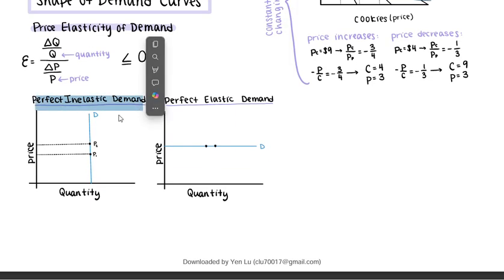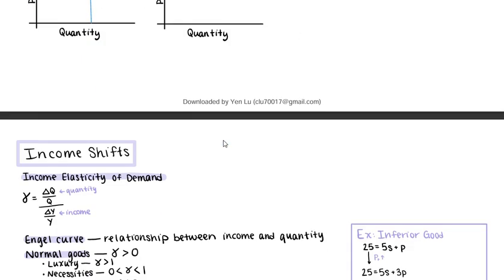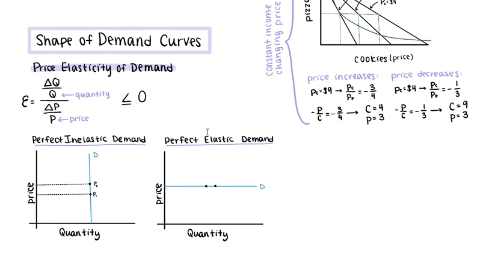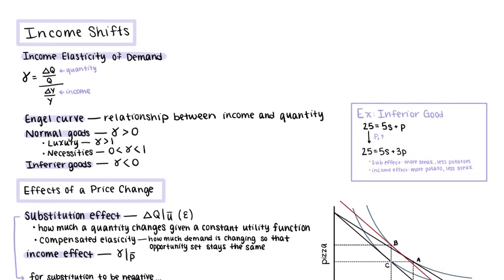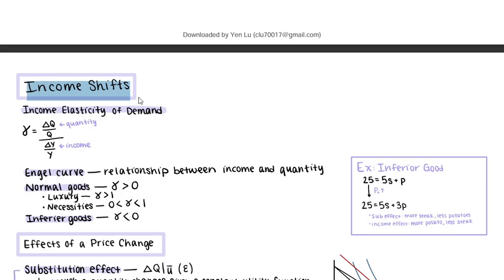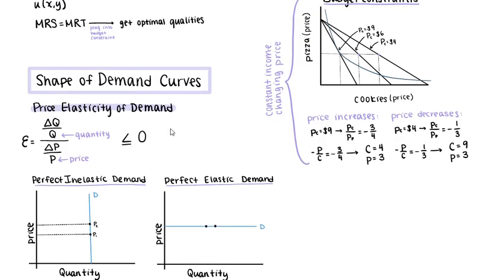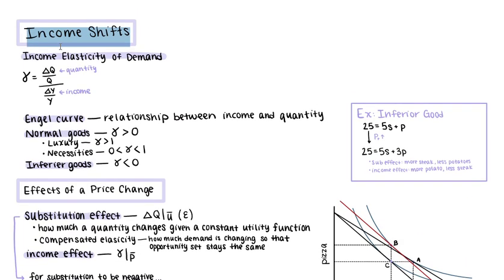Okay. As we mentioned before, we have perfect inelastic demand and perfect elastic demand. We have discussed that. Also we have the price elasticity of demand, and we also have income shifts, that is income elasticity of demand.